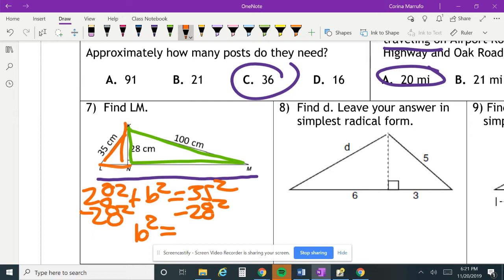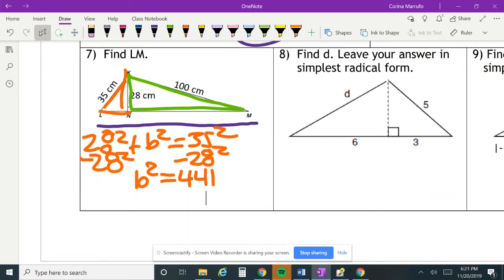And that gives us 441. So we can take the square root of 441, that gives us 21. So b equals 21. So on here, this is 21.